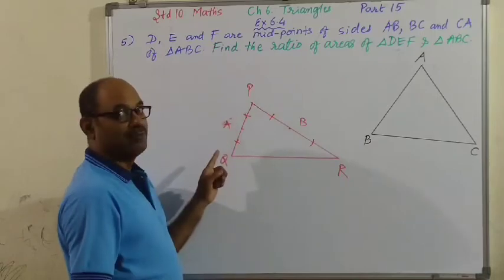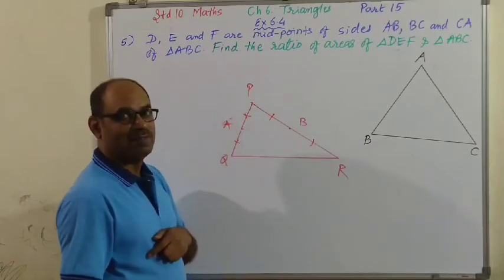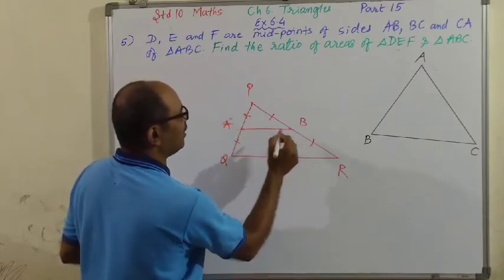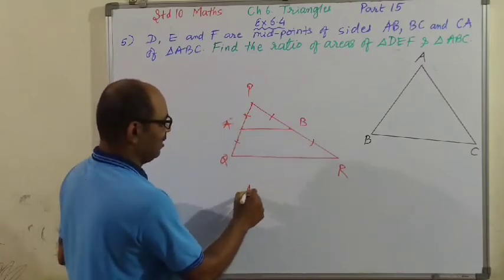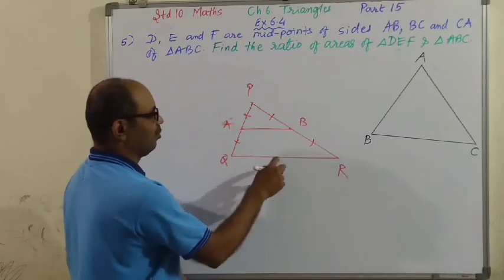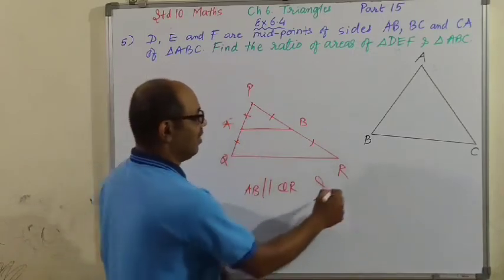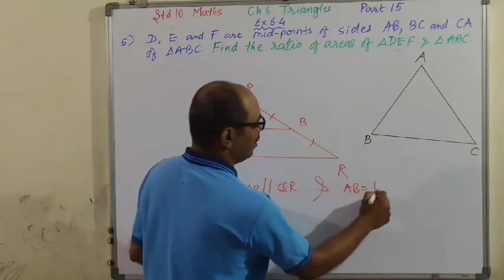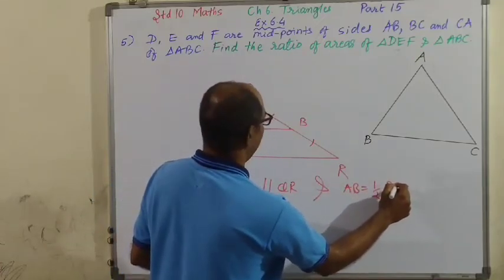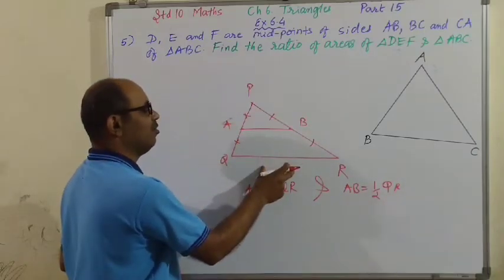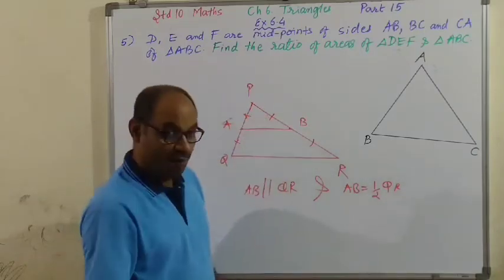So A is the midpoint of side PQ, B is the midpoint of side PR. Then the line segment joining the midpoints, that is AB, is parallel to the third side QR. And one more result, the length of line segment AB is half of QR.